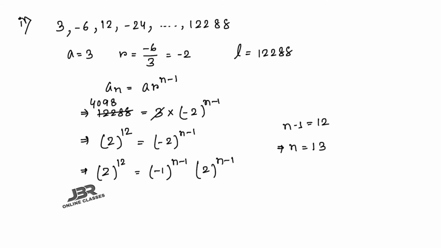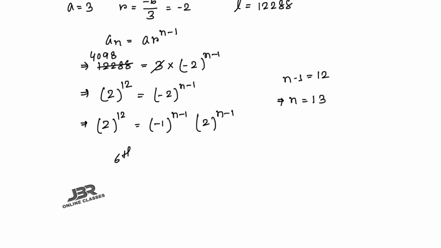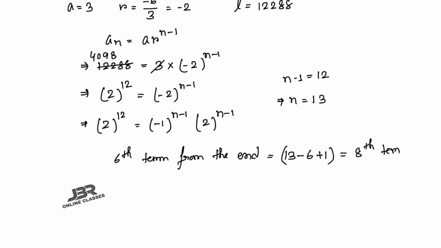Now next, the sixth term from the end. You have to find the sixth term from the end. That equals 13 minus 6 plus 1, which is the eighth term from the beginning.